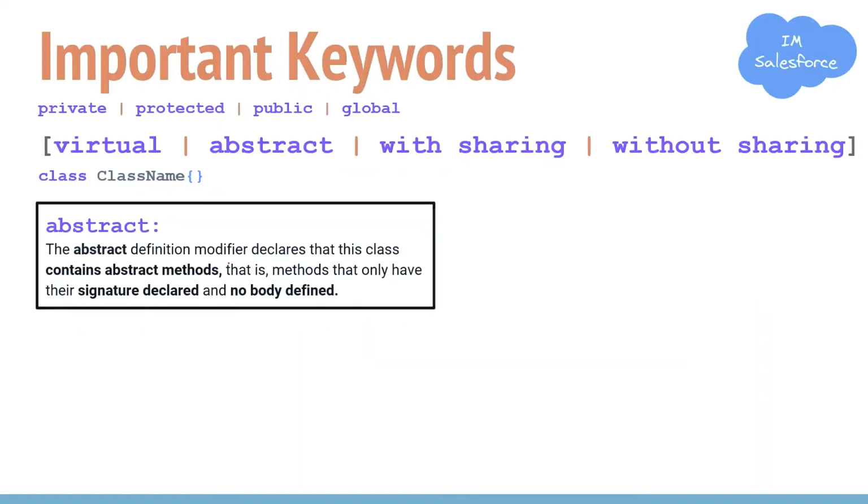Then we have the abstract keyword. The abstract definition modifier declares that this class contains abstract methods. These are methods that only have their signature declared and no body defined. As the definition says, we have only a declaration of that particular method, and in the class which is extending that class, we can then define that method.